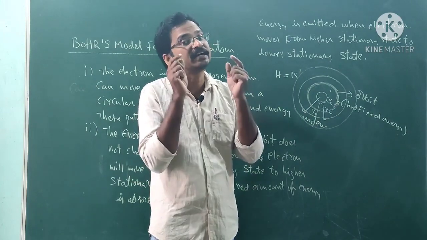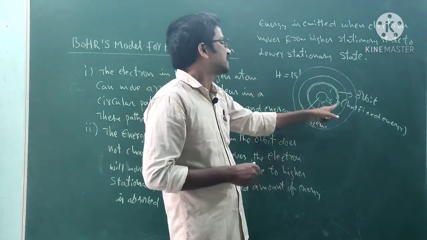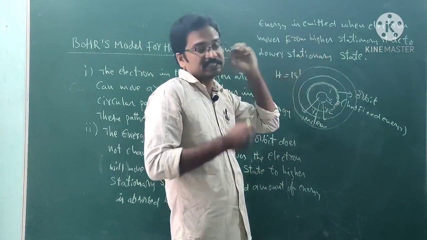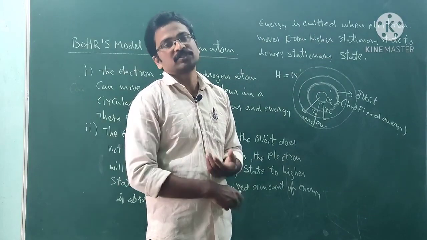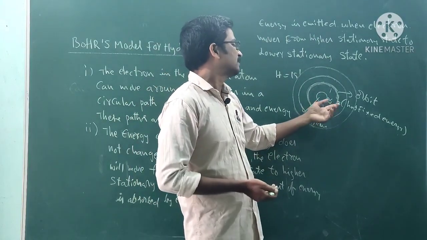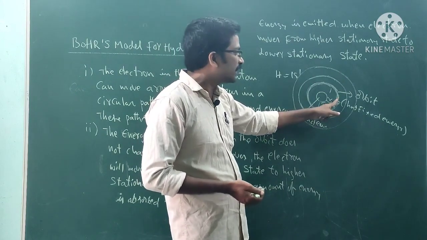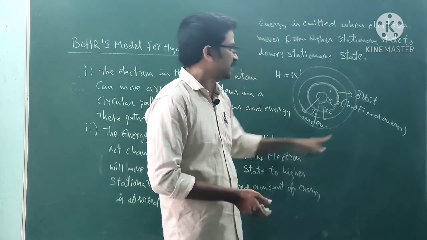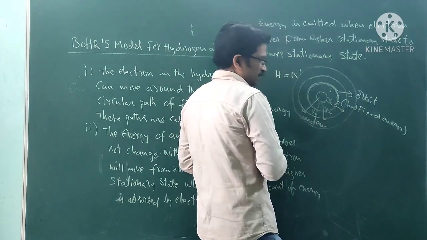When the electron energy changes, whenever this electron absorbs energy from the outside, it can move from a lower energy state to a higher energy state. From this one to this one is possible.